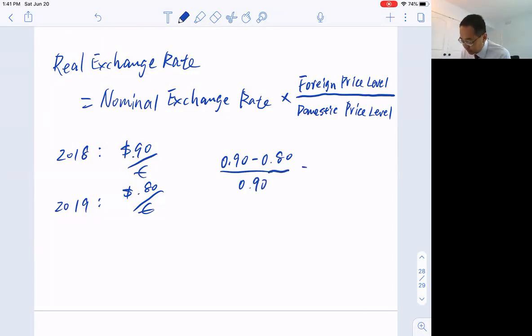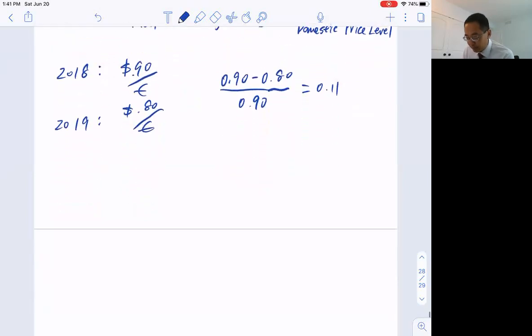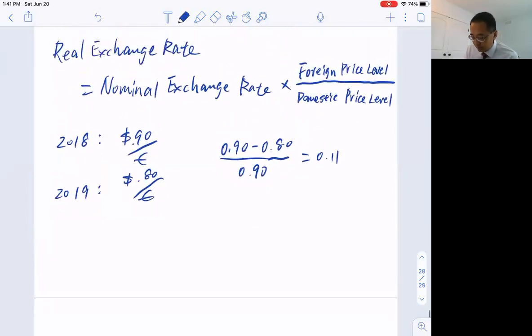And that is an 11% appreciation of the dollar against the euro, right? But let's assume 2018 is the base year for both Europe and the US. So the CPI for the US is 100 in 2018, and the CPI of the EU is also 100.